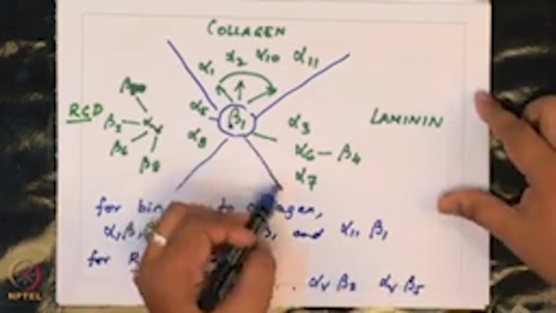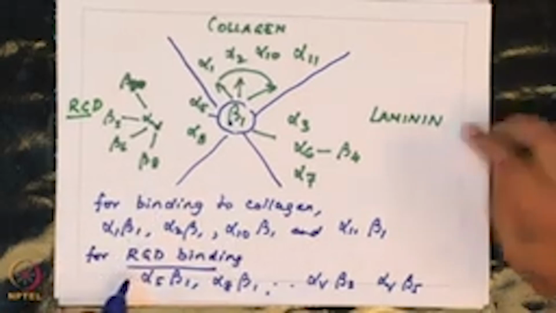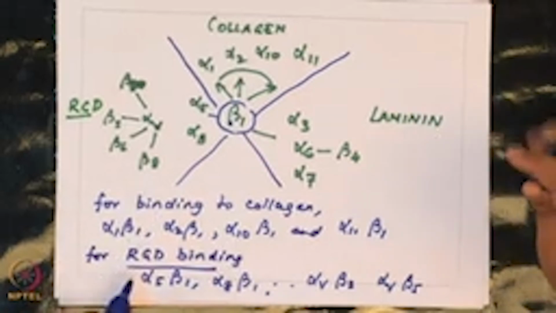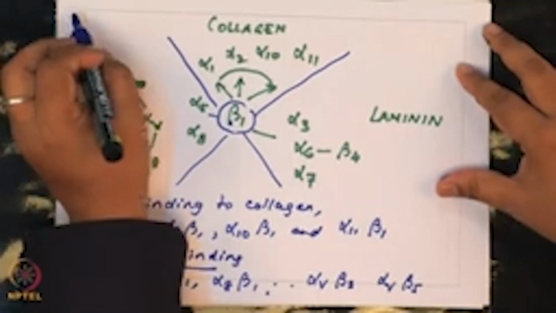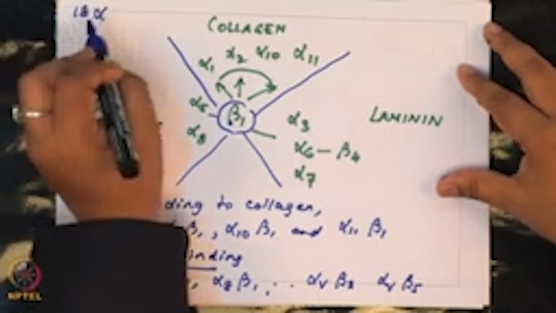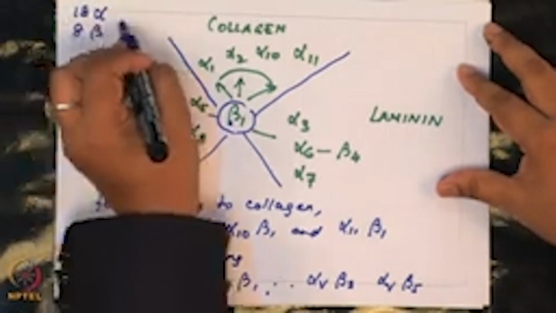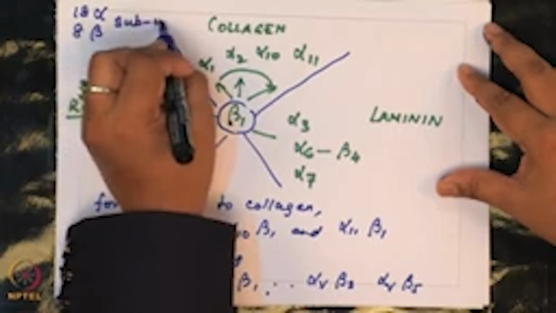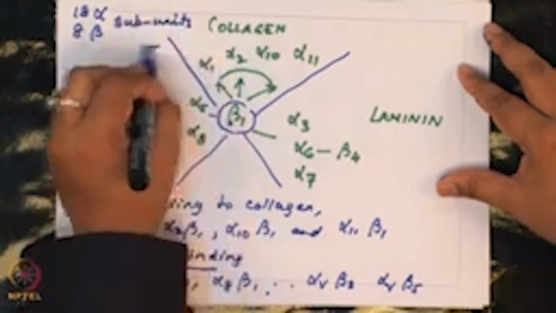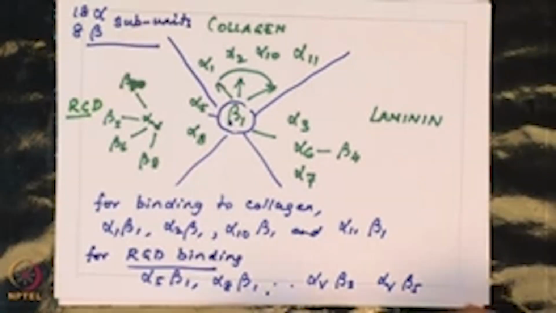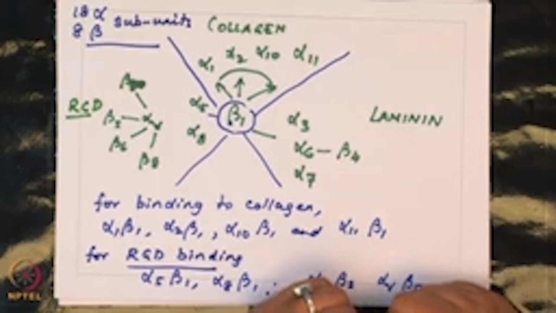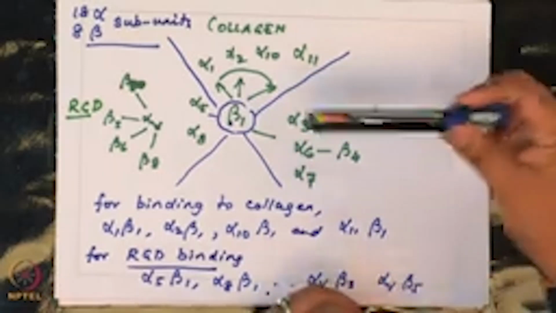Similarly, you can have various other combinations for binding to laminin. So, in total there are 18 alpha and 8 beta subunits. So, for example, in fibroblasts and in most cancer cells, alpha 2 beta 1 and alpha 1 beta 1 are very common.